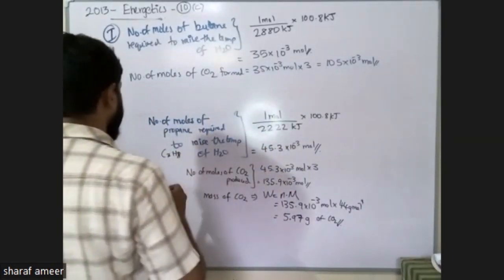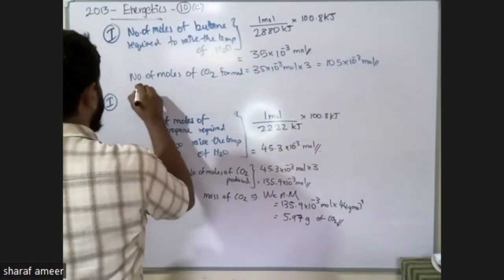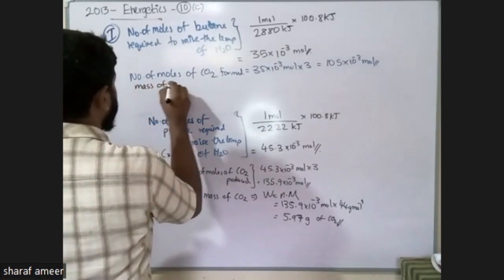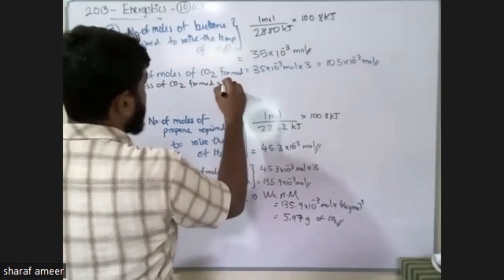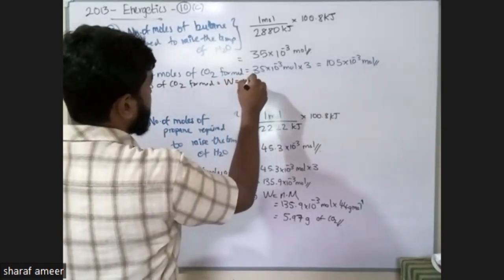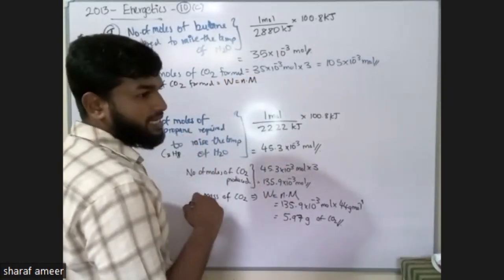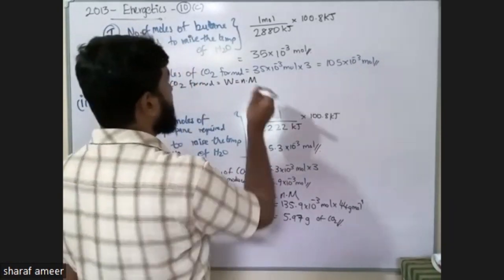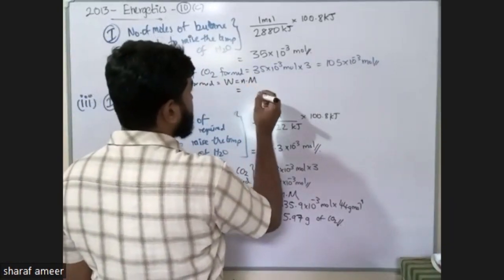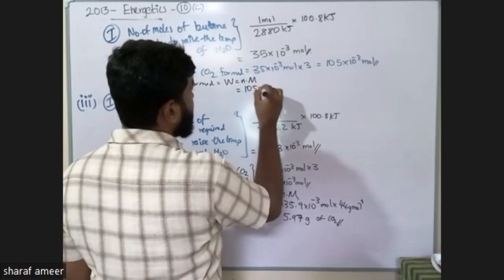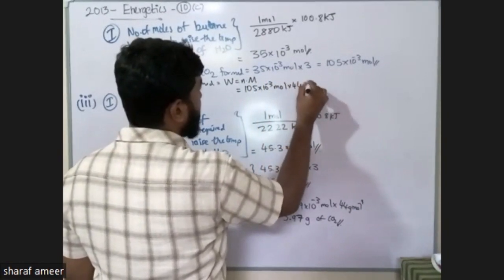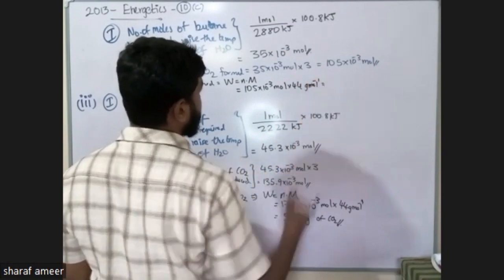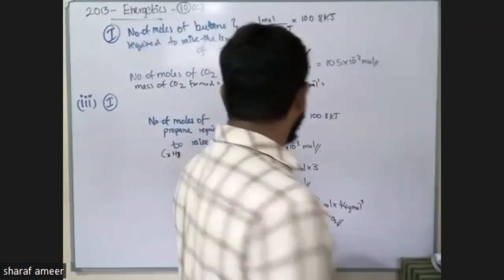So mass of CO2 formed is equal to moles into molar mass here. So therefore 105 into 10 to the power minus 3 moles into 44 gram mole minus 1.